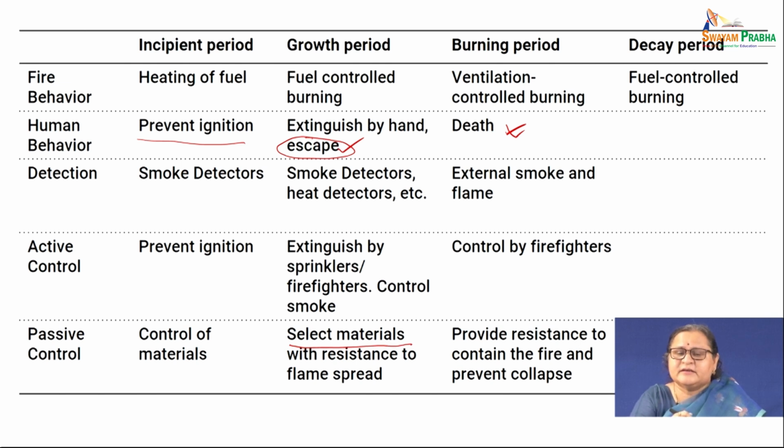So, various spaces will come under our purview where we will need to provide material control through passive means, and active control, various fire control mechanisms through the active systems.